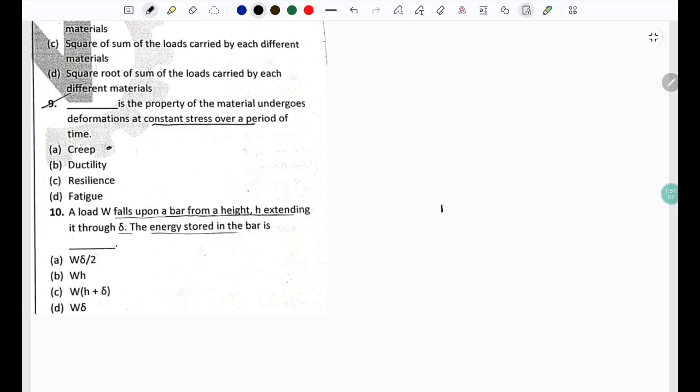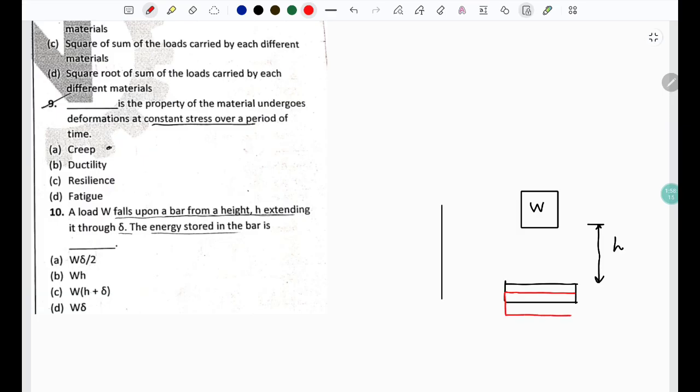So let us assume that a load W falls over a bar from a distance h and it extends it by delta.